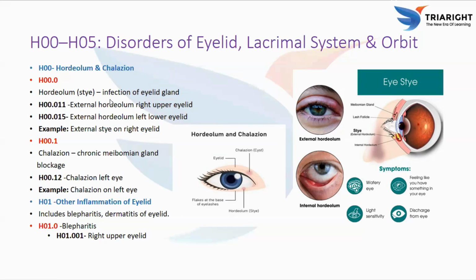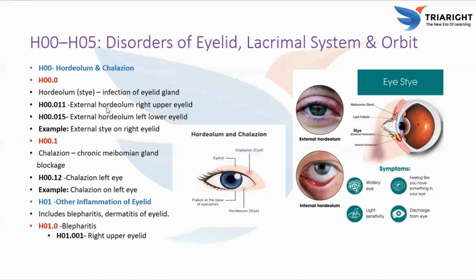So what do we mean by hordeolum? It's an acute bacterial infection of the meibomian gland, which is the internal hordeolum, and also of the gland of Zeis or hair follicle, which is the external hordeolum. So what are the characteristics of the hordeolum? Painful and tender swelling, sudden onset, redness and warmth. This is usually caused by Staphylococcus aureus. So what are the examples given over here?